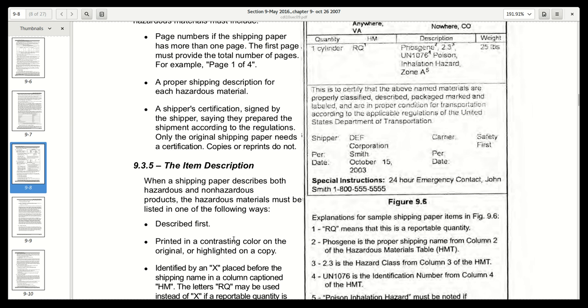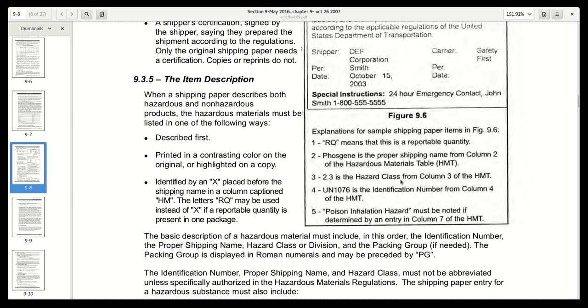9.3.5, the item description. When a shipping paper describes both hazardous and non-hazardous products, the hazardous materials must be listed in one of the following ways. Either described first, printed in a contrasting color on the original or highlighted on a copy, or identified by an X placed before the shipping name in a column captioned HM, hazardous material.